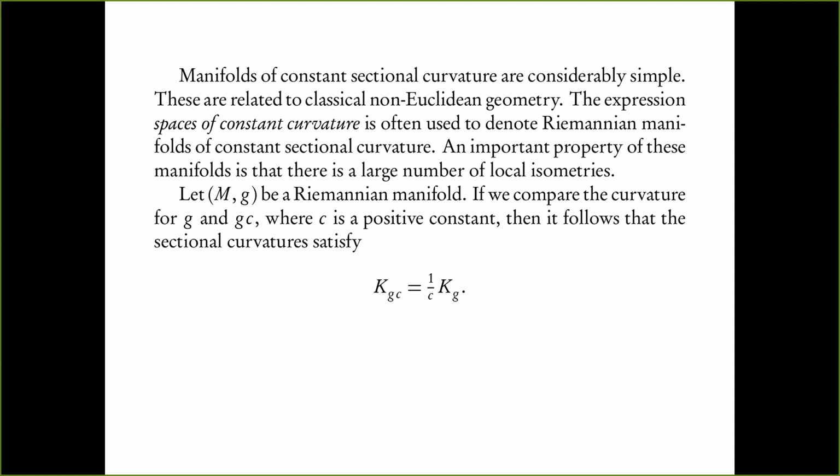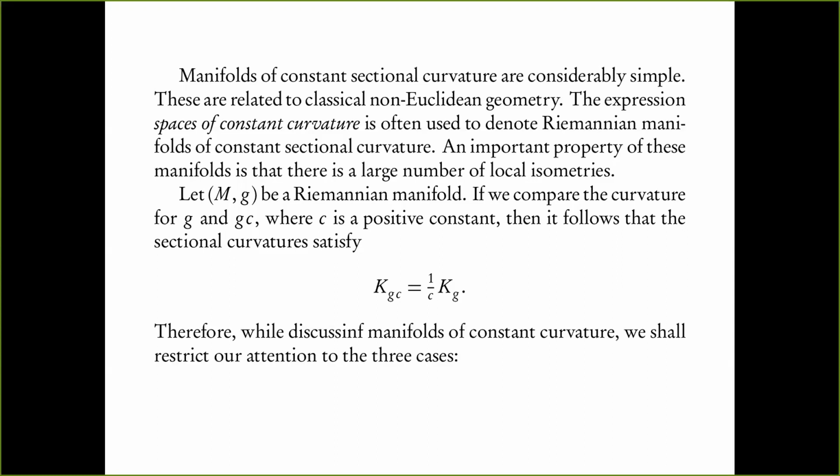So it has this relation. In other words, whenever we are dealing with spaces of constant curvature, you can always rescale the metric so that the new metric has constant sectional curvature 1. Because if my sectional curvature is k, I basically rescale it by the absolute value of k so that my new sectional curvature becomes either 1, 0, or minus 1.